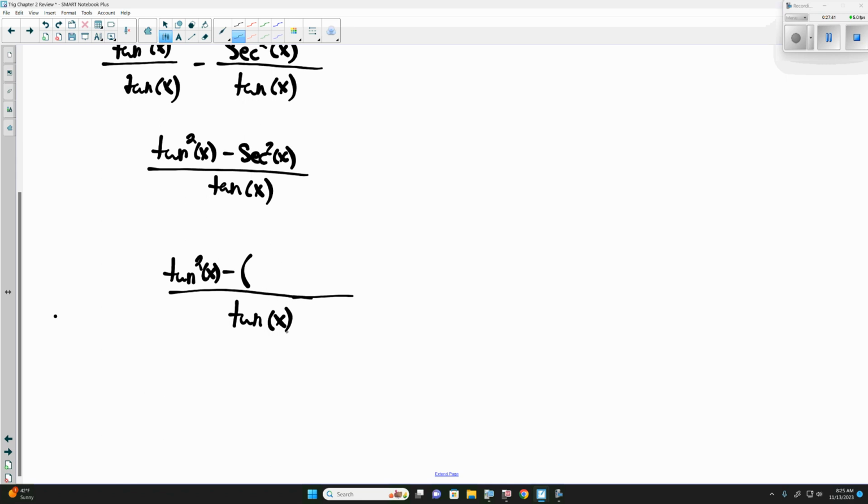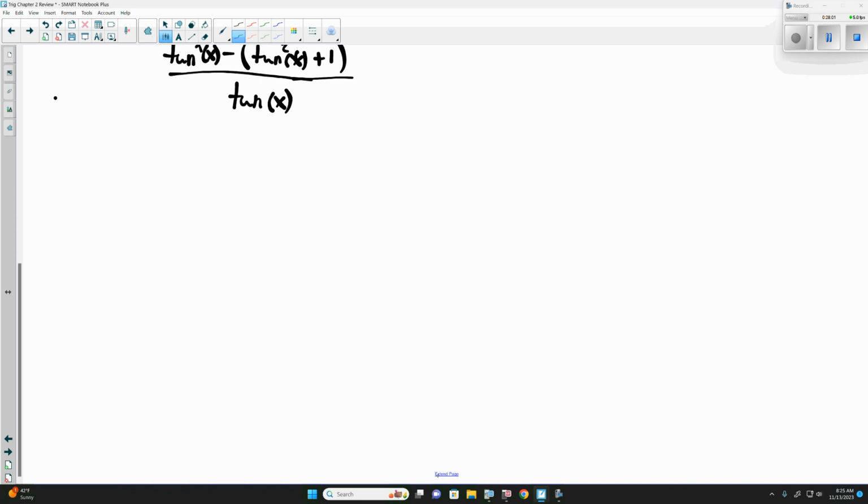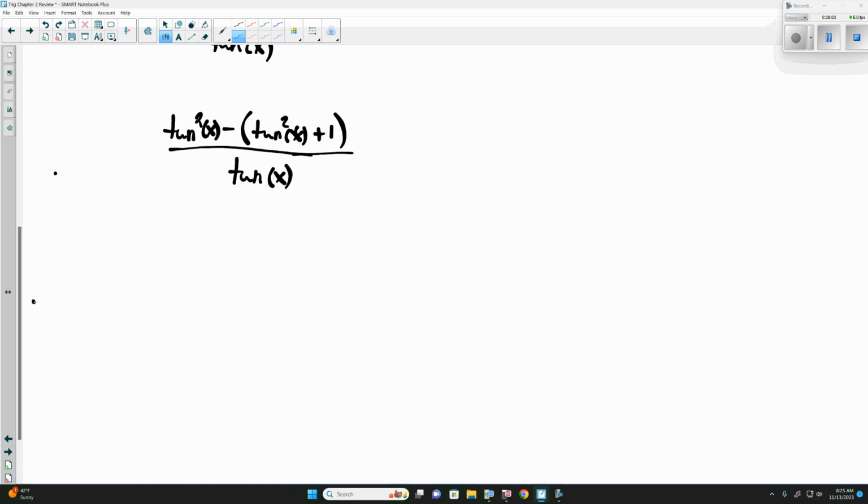So we can do this in either way. We can either replace tangent squared with secant squared minus 1, or we can replace secant squared with tangent squared plus 1. I'm going to do the latter. I'm just going to replace secant squared with tangent squared plus 1. And now we can simplify.